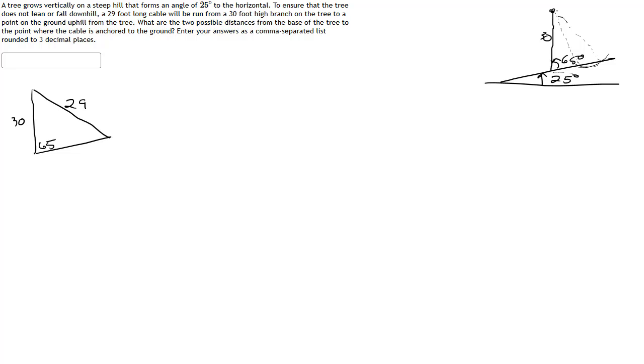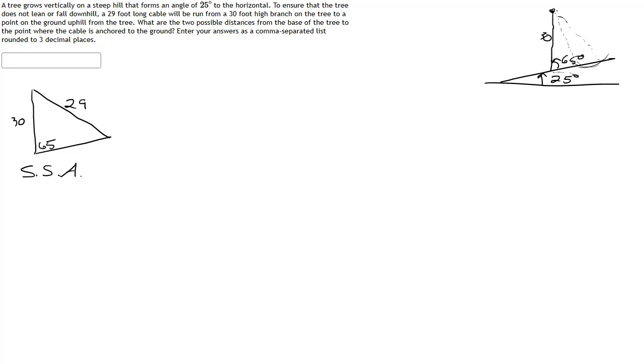And then we don't know anything else. So we can see that this is the scenario where we have side-side-angle. And side-side-angle is always the ambiguous case, that's the word I was looking for, because there can be two options.